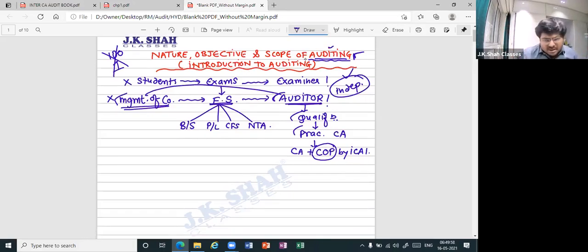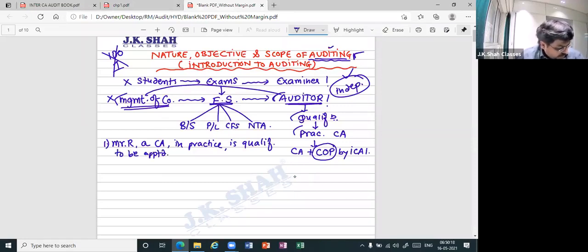Focus properly. One, supposing Mr. R, a chartered accountant in practice, is qualified to be appointed as an auditor.